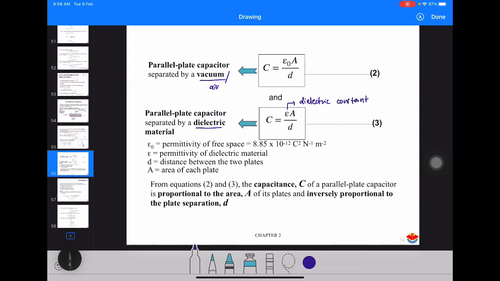Obviously air has a different dielectric constant from vacuum, and for air it is 1.0001 if I'm not mistaken. We will check later on. That's why sometimes we just assume to use the second formula here. Actually, epsilon here is the permittivity of the dielectric material, so I'm going to use that one instead.